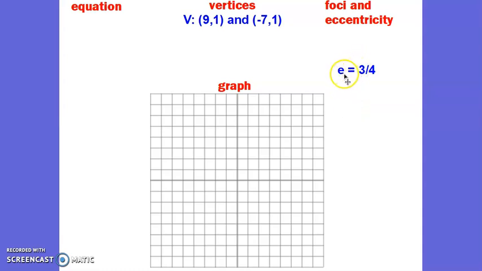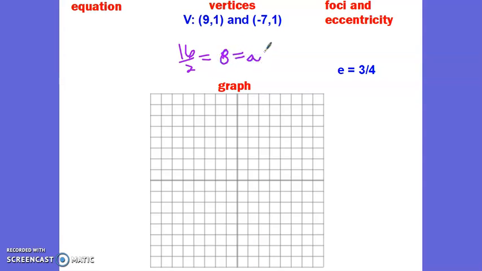Now, one thing you want to remember, the eccentricity is a ratio. So even though we know that from 9 to negative 7 is a total distance of 16, our a value, as it was before we shifted everything as well, is still 16 divided by 2. Our a value is still going to be 8.